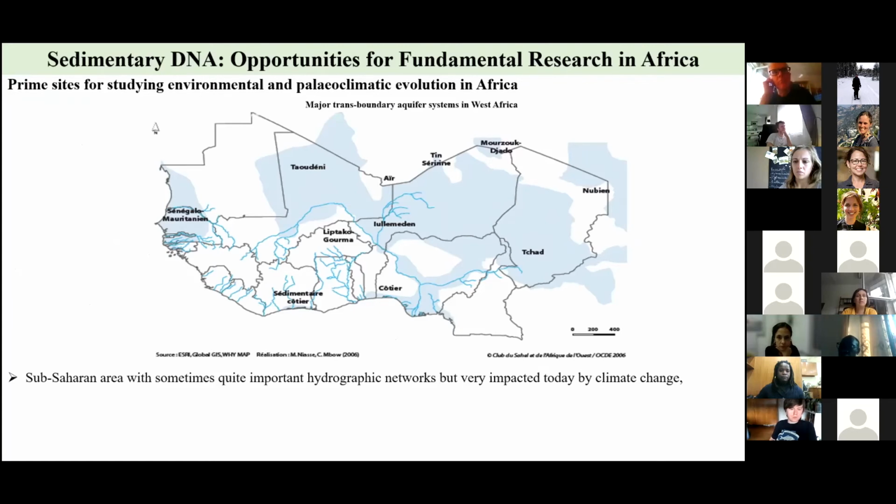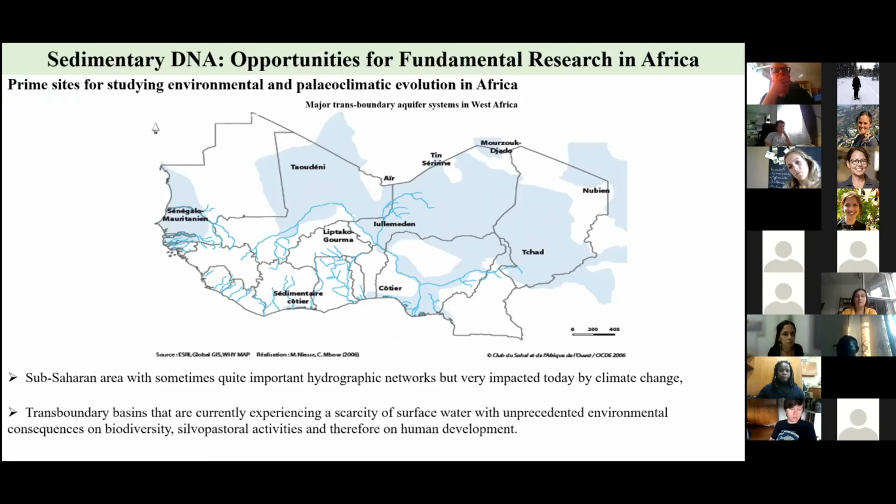In the sub-Saharan area, we sometimes create important hydrographic networks but very impacted today by climate change, transboundary basins that are currently experiencing scarcity of surface water, with unprecedented environmental consequences on biodiversity, silvopastoral activity, and therefore on human development.